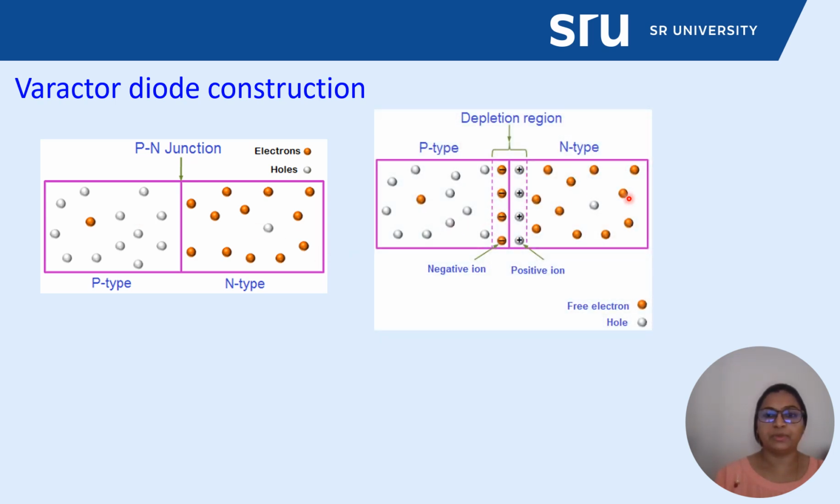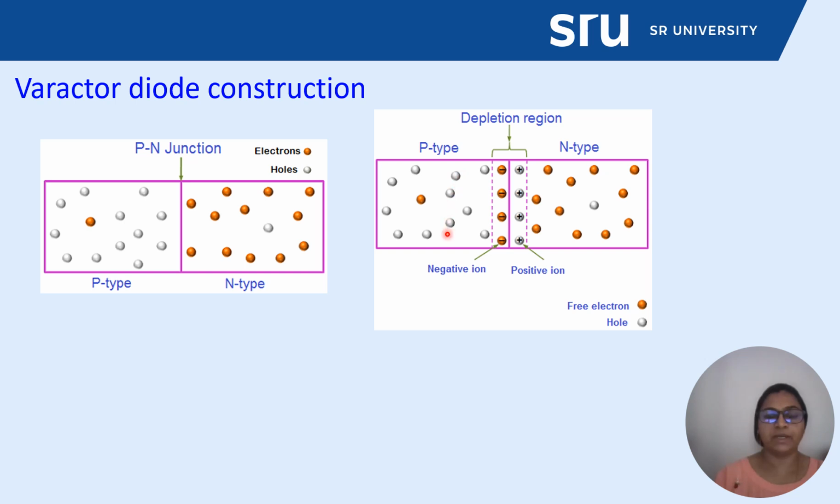When the p and n materials are sandwiched, they form a junction, and near the junction there is a depletion region, defined here by the dotted line. This is the region where the mobile charge carriers, the free electrons and holes, are depleted.